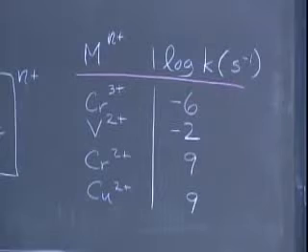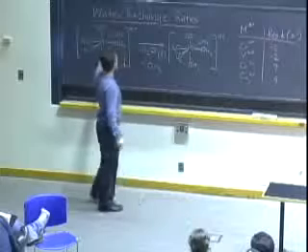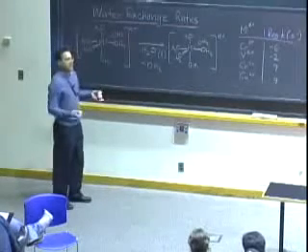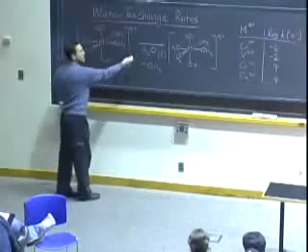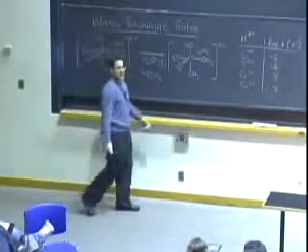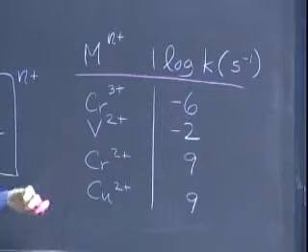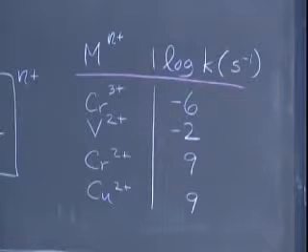That's an enormous difference. So it's not true that whatever metal ion you have at the center, the rate at which water comes on and off and exchanges with water from solution is about the same. It's not. It differs over an enormous range of actual rates, many orders of magnitude, depending on exactly which metal ion you have here.